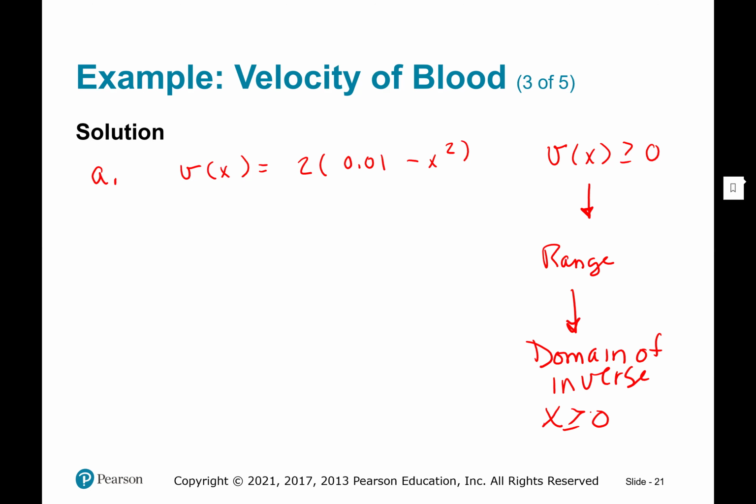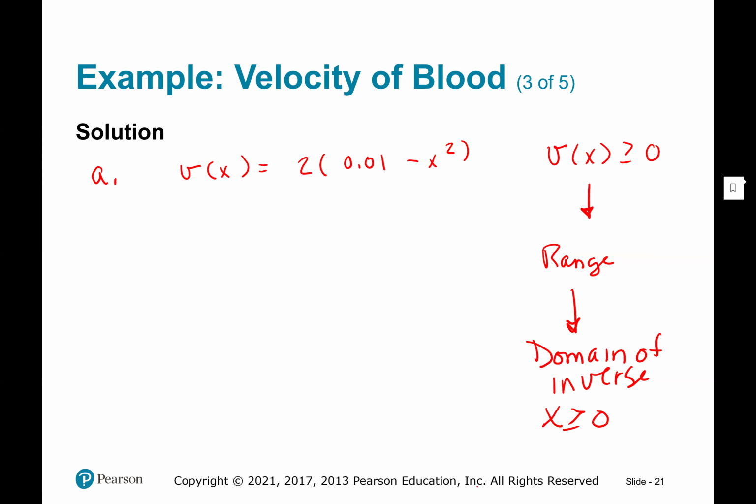If I'm looking at an artery that has a radius of 0.1, the distance x from the center of the artery, whatever position I'm in, would have to be positive.